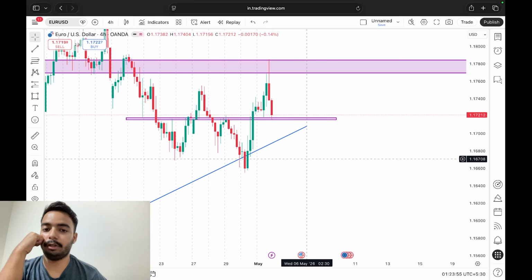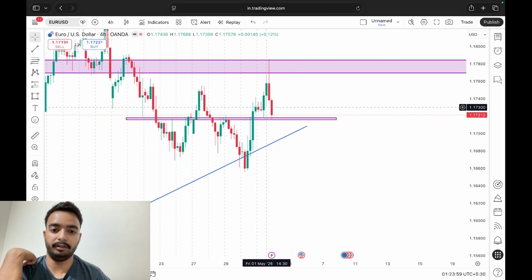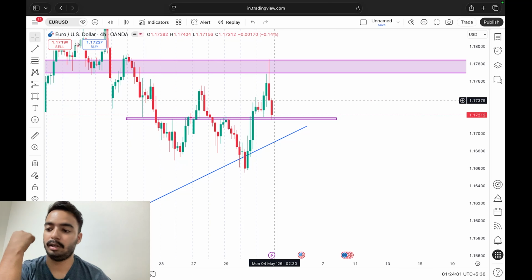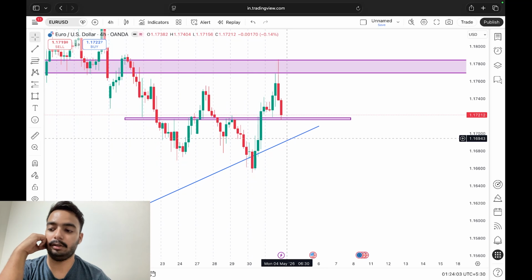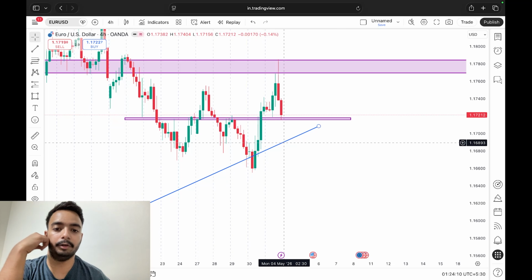If support continues to hold, I'll look for buy setups targeting resistance. This is the sell scenario: if support breaks this, then we will shift bias, look for sell confirmation, and we will target this trend.